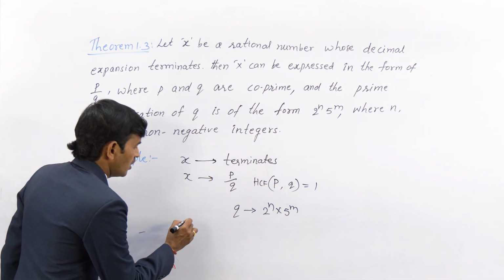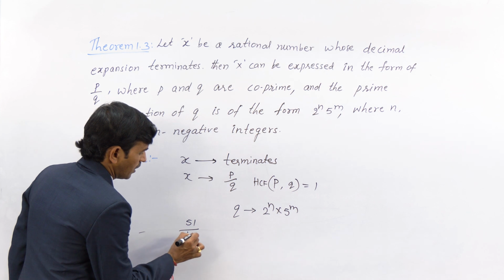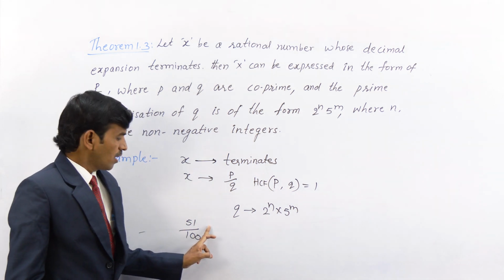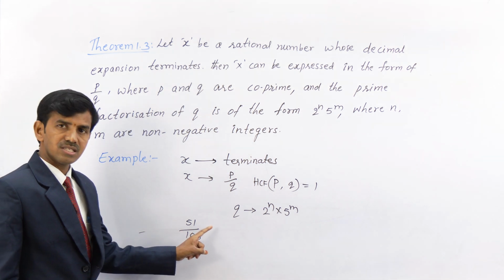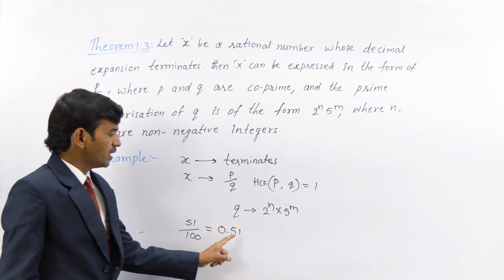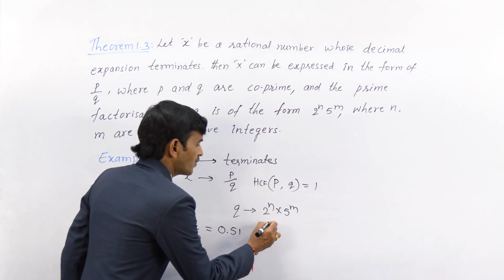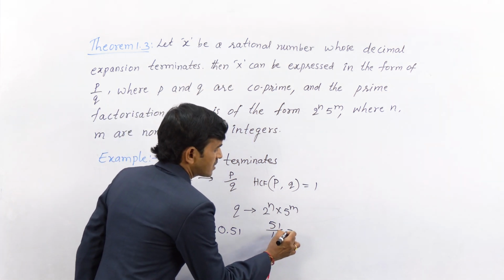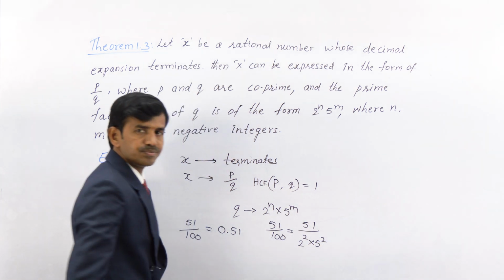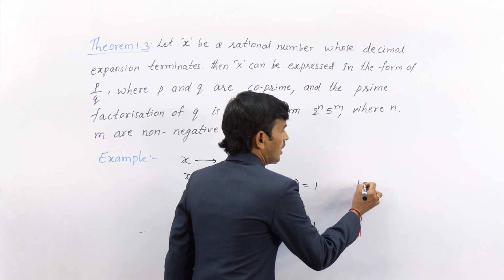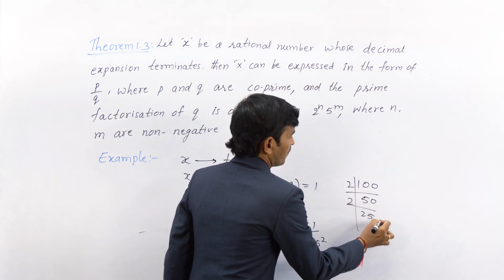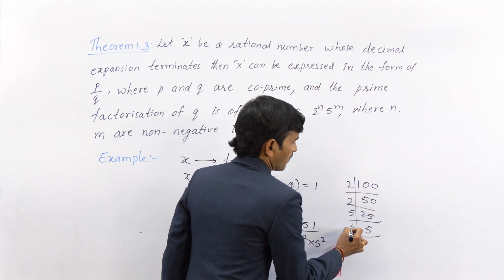So for example, if you consider 51 by 100, it is a rational number, and it terminates. If you write it in decimal form, you will get 0.51. Before finding this, we can write 51 by 100 as 51 by 2 square into 5 square, as you know that 100 can be expressed as 2 into 50, 2 into 25, 5 fives are 25, next 5 ones are 5.